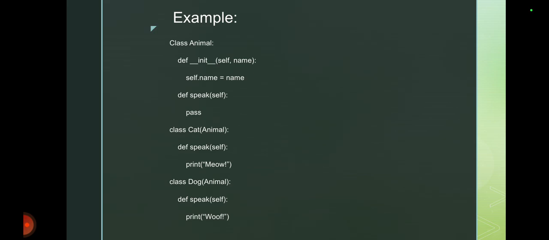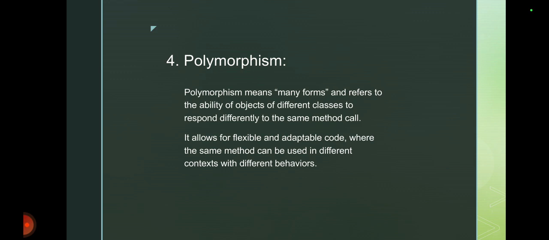So we will see the next, polymorphism. Polymorphism means many forms and refers to the ability of objects of different classes to respond differently to the same method call. It allows for flexible and adaptable code where the same method can be used in different contexts with different behaviors.